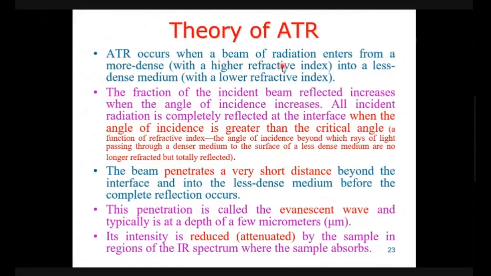Okay, so let's come to the theory. ATR occurs when a beam of radiation enters from a more dense medium, that is, optically dense with higher refractive index, into a less dense medium with lower refractive index. The fraction of the incident beam reflected increases when the angle of incidence increases.